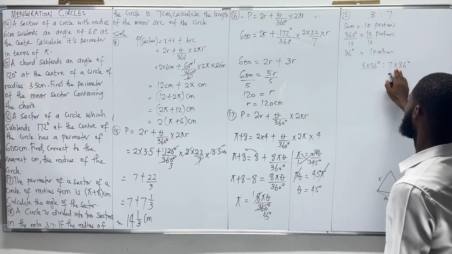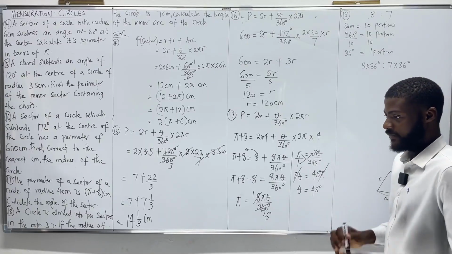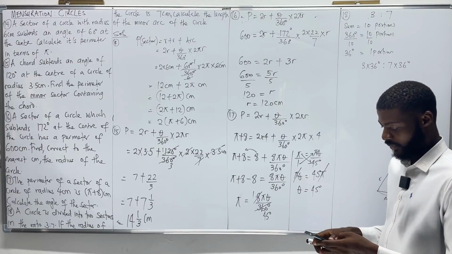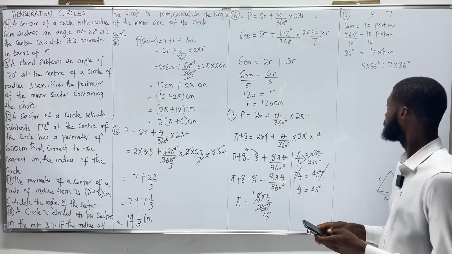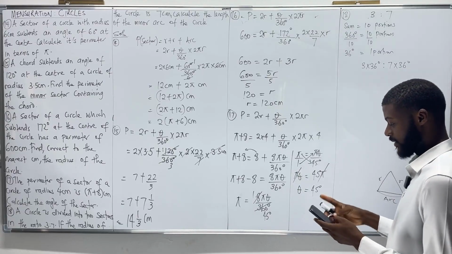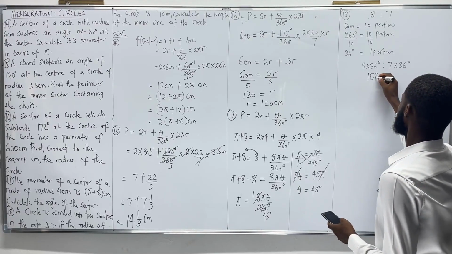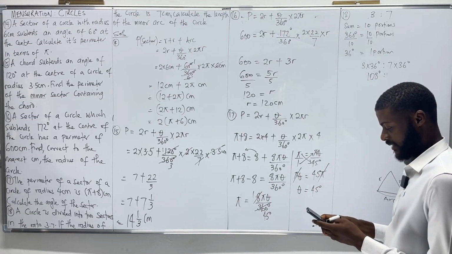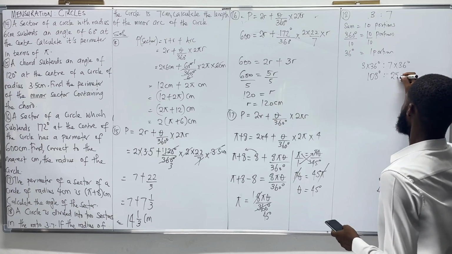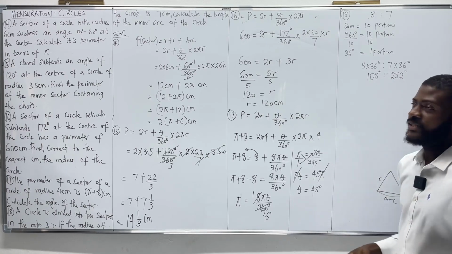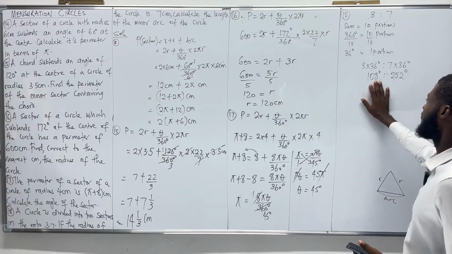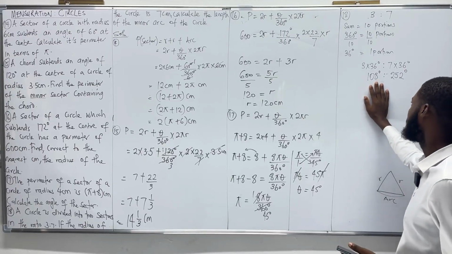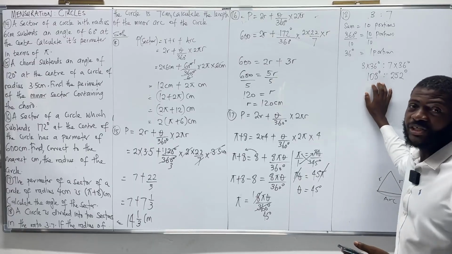What I'm doing is to find the angle they subtend at the center. So 3 times 36 will give 108. Then is to 7 times 36. That will give 252. Now with this, you can see the angle they subtend at the center. All right. So this information is very useful.